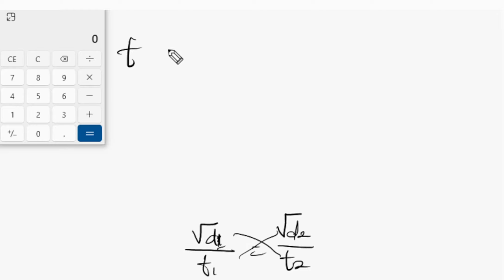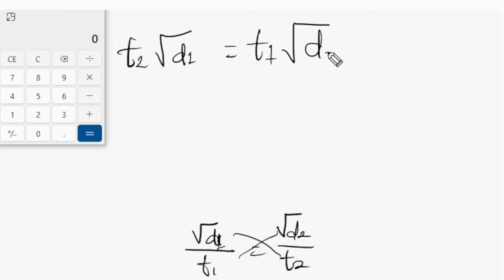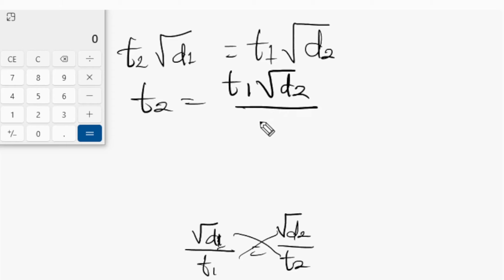If we want to make T2 the subject of this equation, we can say T2 root D1 will be equal to T1 root D2. So with this, you can say T2 is equal to T1 root D2 over root D1. So here T1 is 20 seconds.